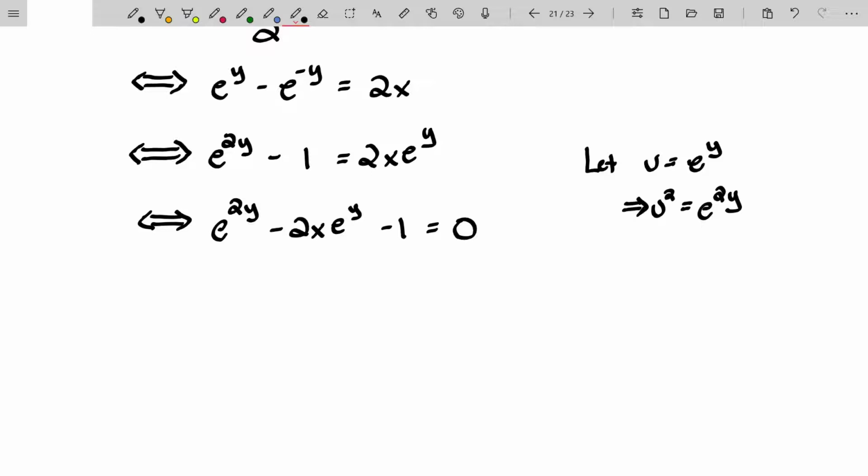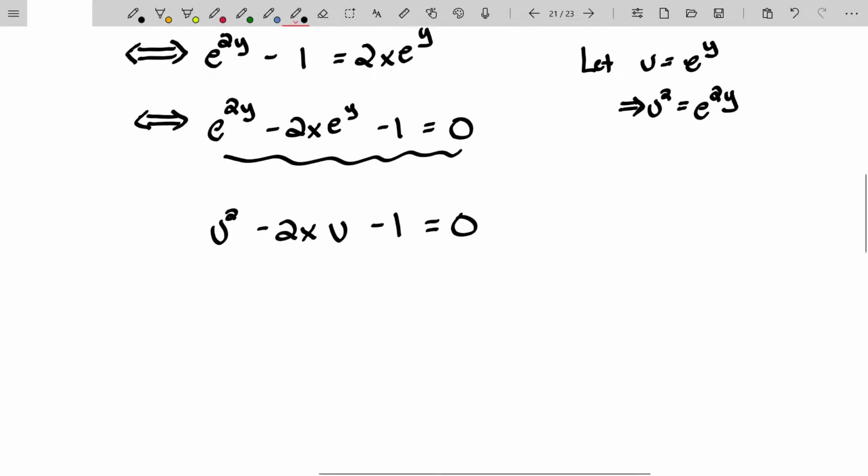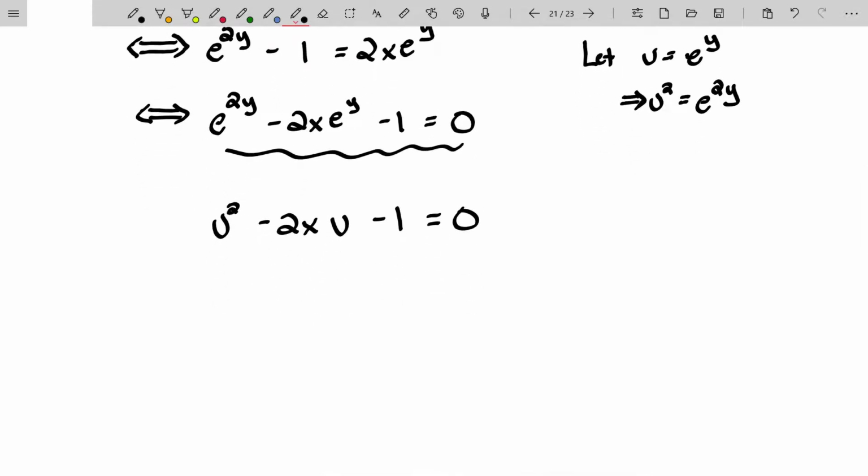So our equation right here can be rewritten as u squared minus 2xu minus 1 is equal to 0. Now, if I want to solve for u, not for x, but for u, I can use the quadratic formula.